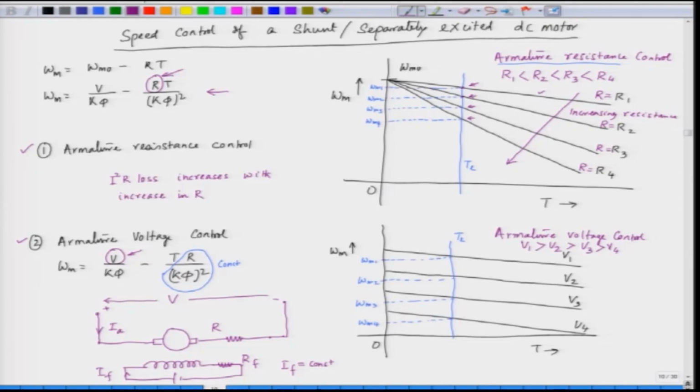So, the no load speed changes here, this is the no load speed omega m naught 1, corresponding to V equal to V 1. Now, when we decrease the voltage V, the slope remaining the same, the no load speed changes, here it is omega m naught 2.